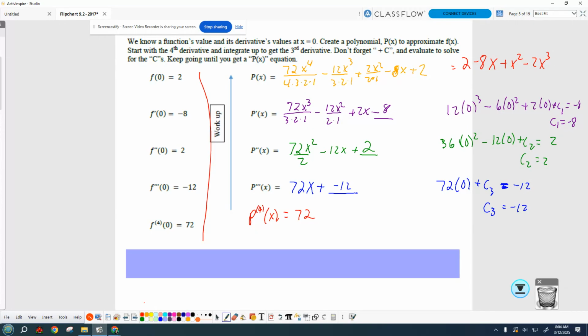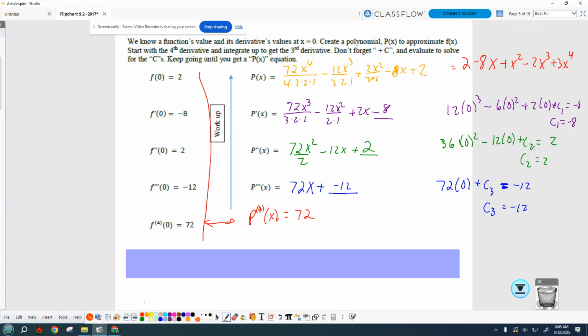Why did you start with 72? Well, I'm starting with the 4th derivative, so snap. I want the polynomial to have the same 4th derivative.